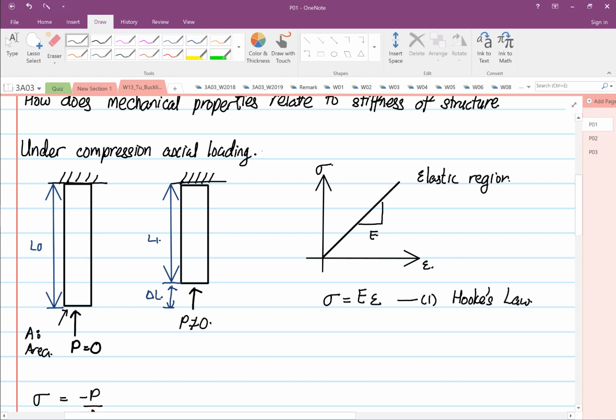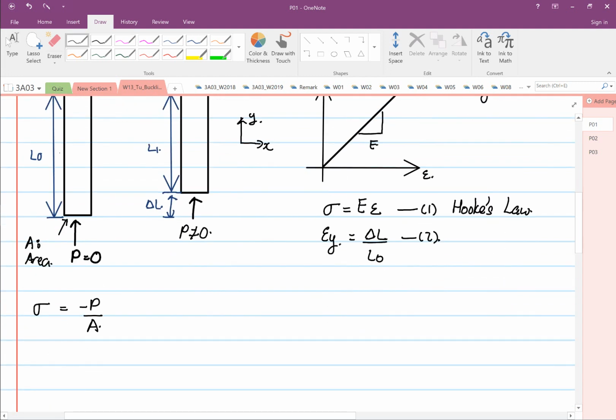We are aware that the strain in the y direction, like what we've just drawn, if I draw my transformation, this x and this y, is equal to delta L divided by L0. This is our equation 2, and this is our equation number 3.